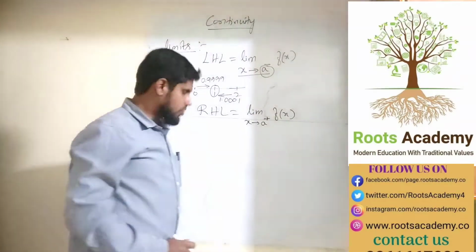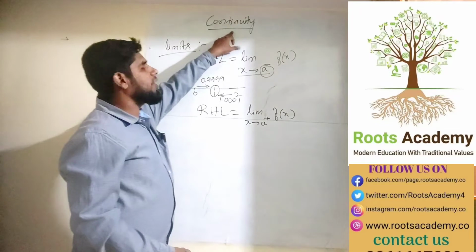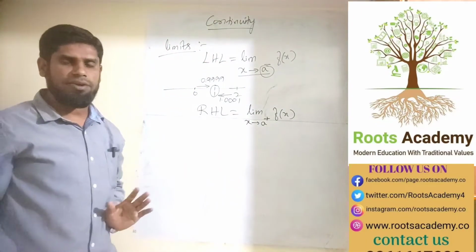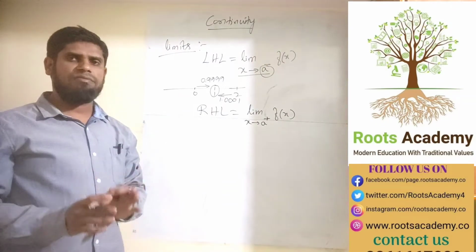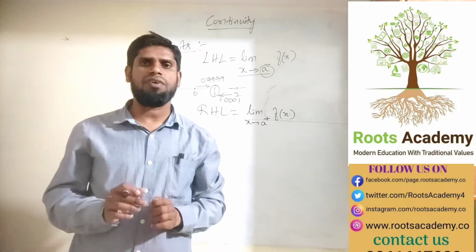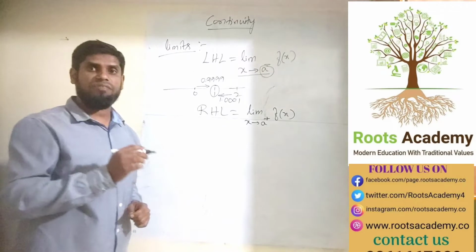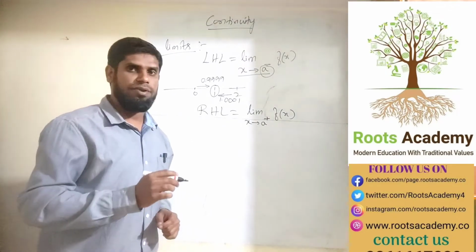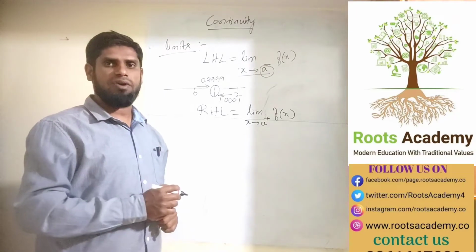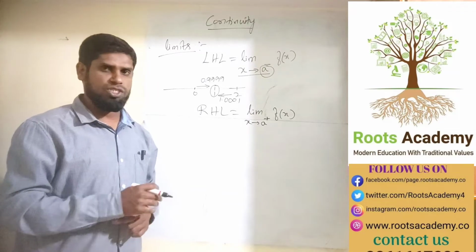Now students, let us come to the general meaning of continuity. If you want to understand what continuity is, if we draw the graph of any kind of function without lifting our pen, then those functions are called continuous functions.